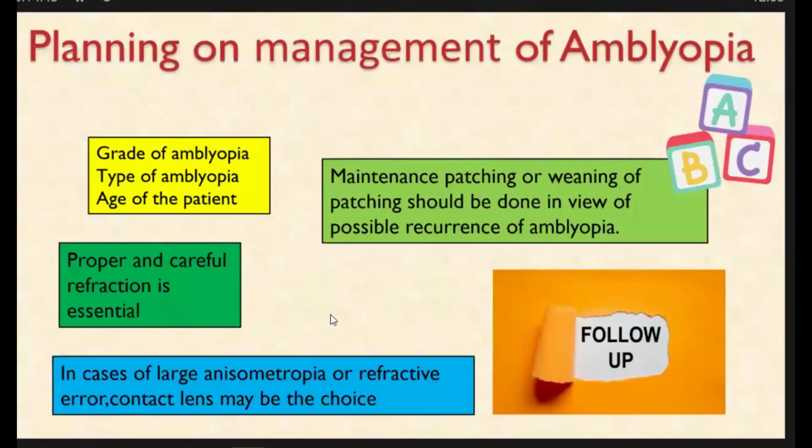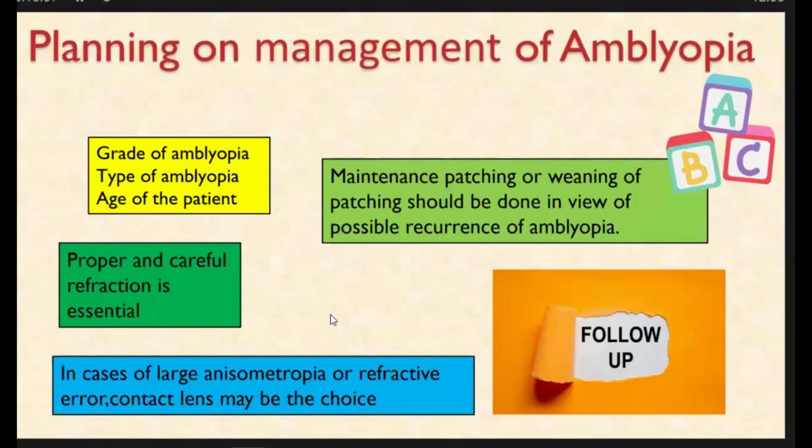In planning management, it is very important to note the grade of amblyopia, type of amblyopia, and the age of the patient before planning the treatment. Proper and careful refractive correction is essential in all types of amblyopia treatment. For large anisometropia or refractive error, contact lens may be the first choice.